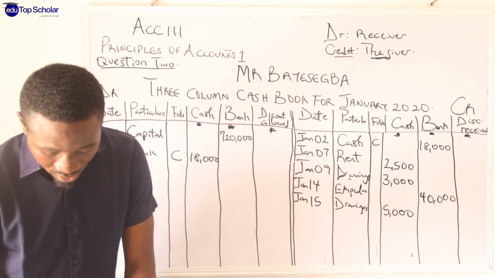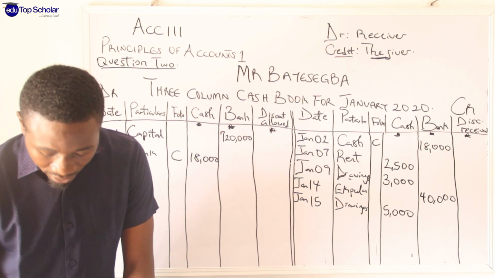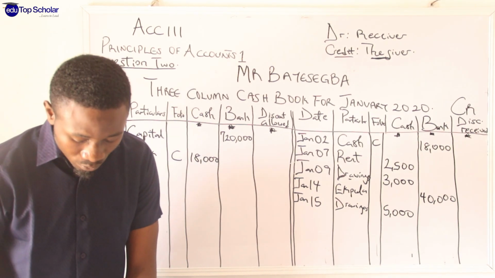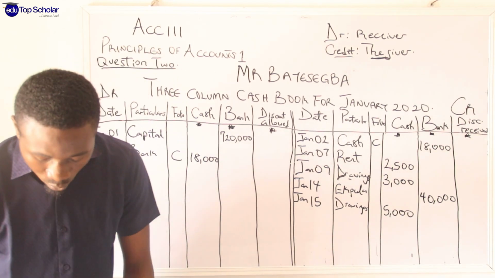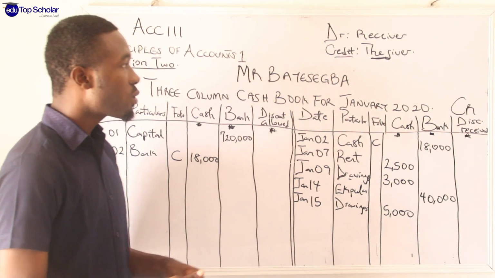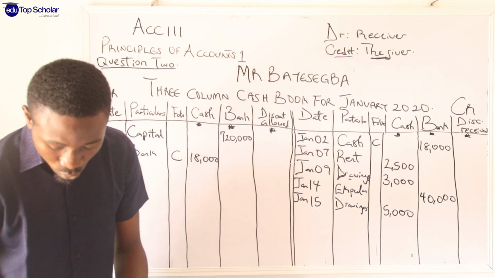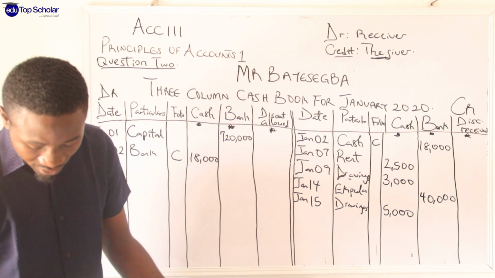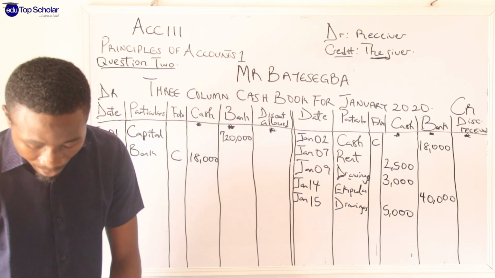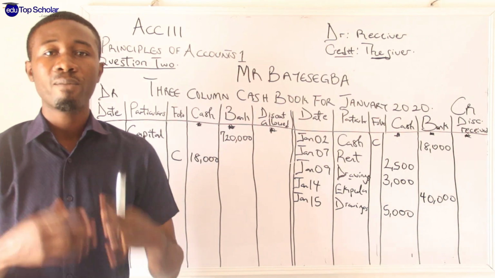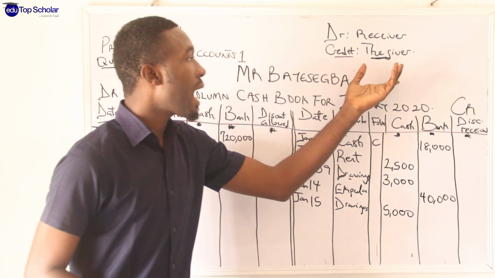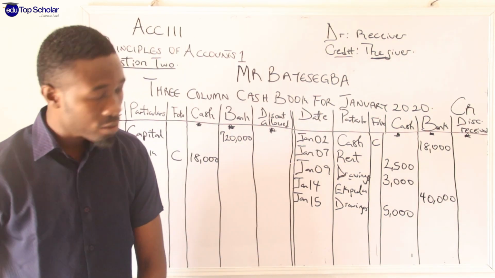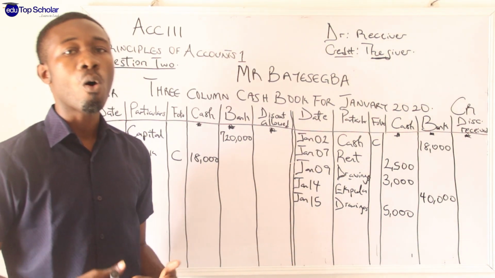Then January 17, sold goods to Akinlolu, giving a discount of 10%. In this case, we sold goods and it was not on credit. We sold goods and we received cash. But while we received cash, we gave a 10% discount. So, like I said, in any question, first identify whether we are the giver or the receiver.